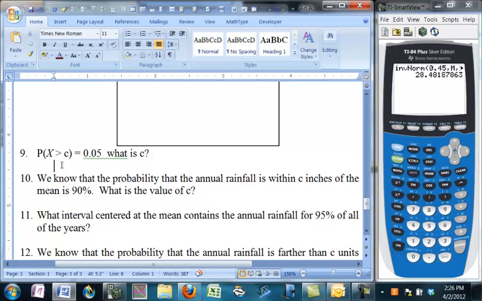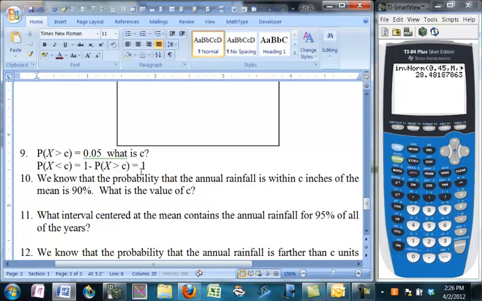Now this time we don't know the cumulative probability. What we know is the right tail probability. Inverse norm is always used with the left tail probability. Of course, it's pretty easy to find. What we need is the probability that x is greater than c. Well, the probability that x is less than c is 1 minus the probability that x is greater than c.